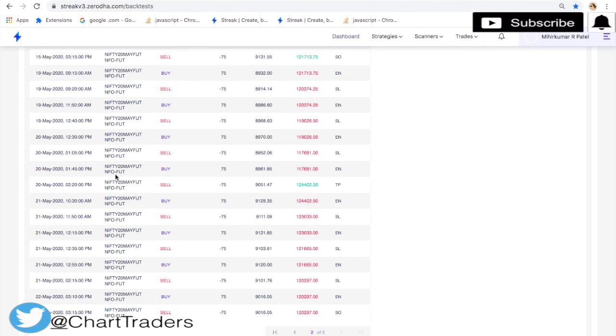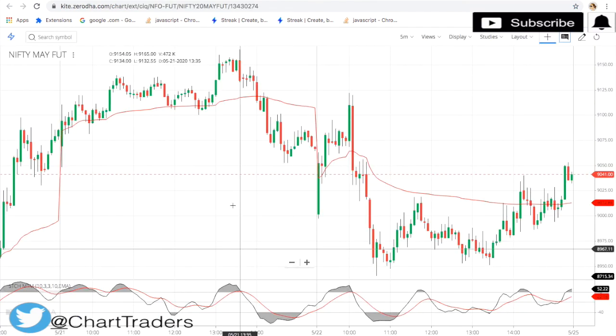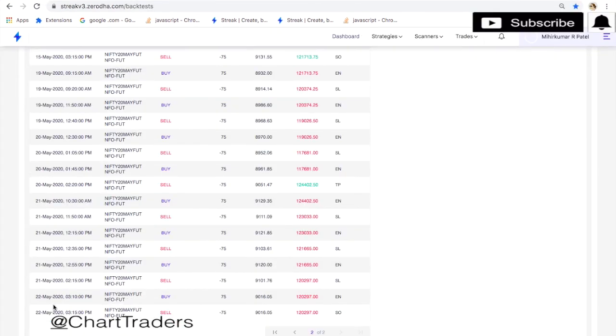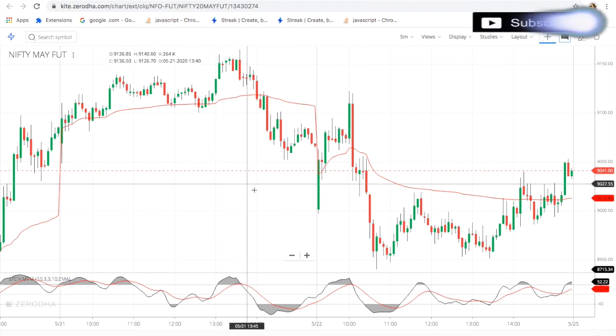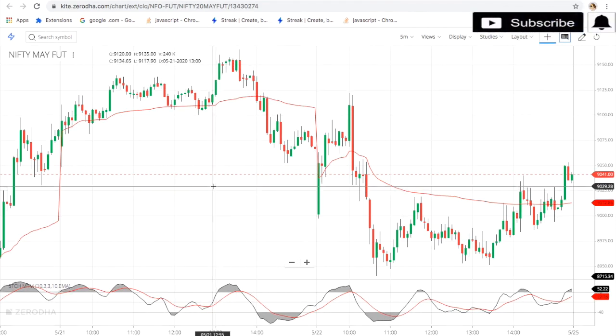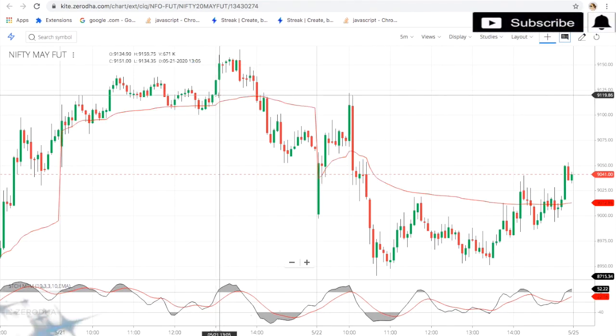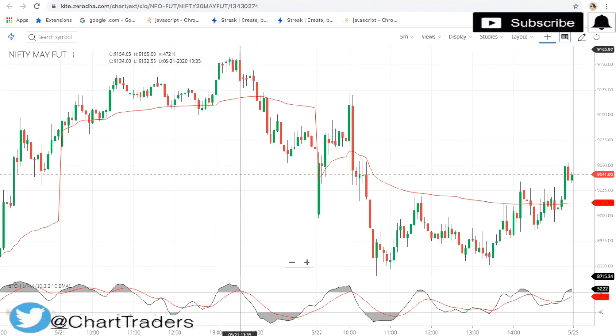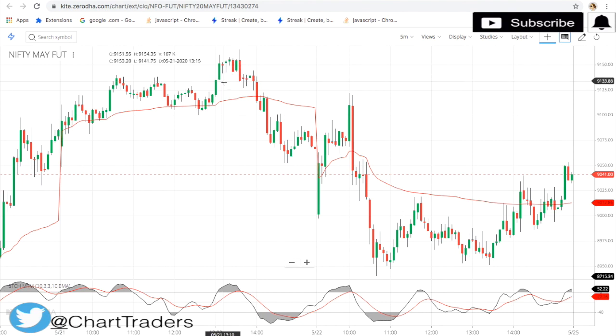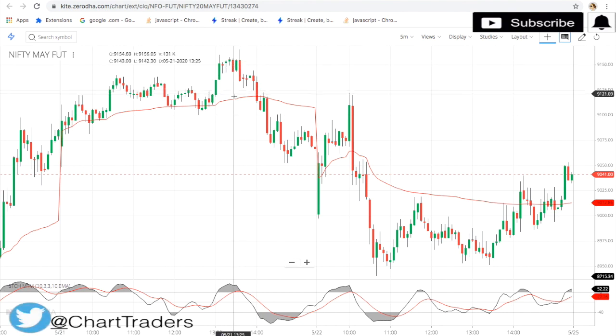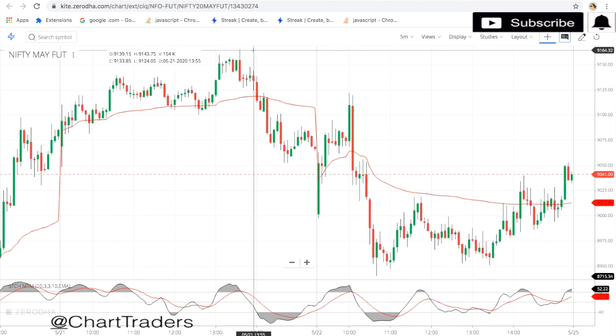On 21st May, buy is at 12:55 and around 9120. We can see we had a good movement, but the stop loss was hit because 1 percentile was not achieved. We can see here that it went from 9120 to 9164.